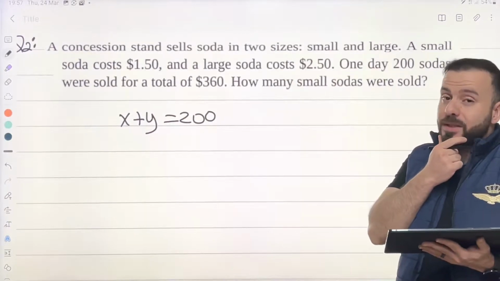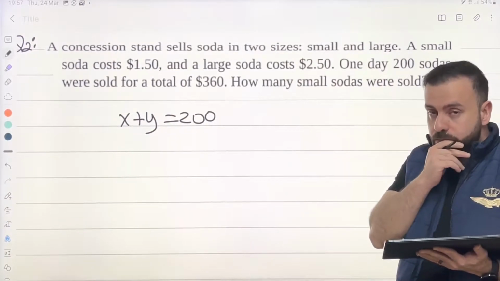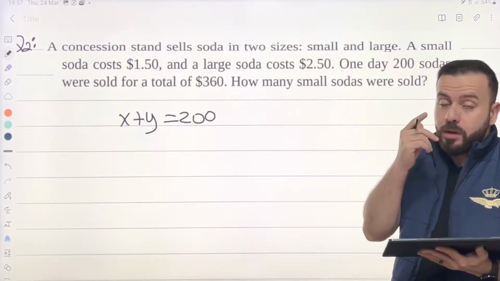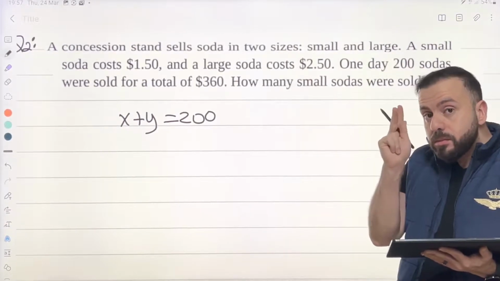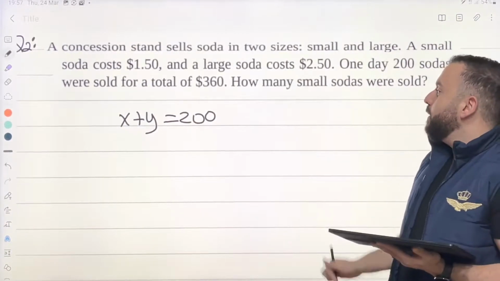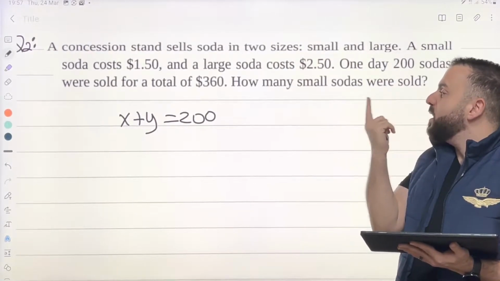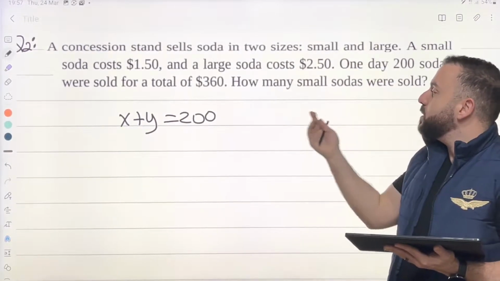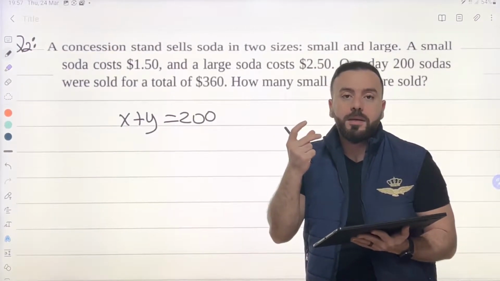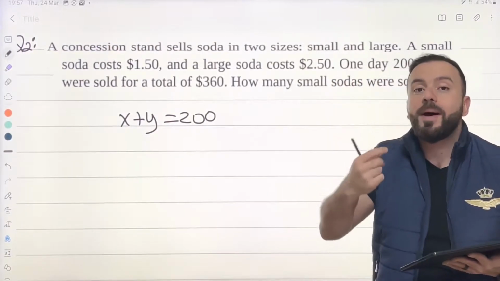Okay, mister, what's the next step? How to do it? Think. The next one: I know that x plus y is equal to the total, but this is the equation of quantity. What about the equation of money?